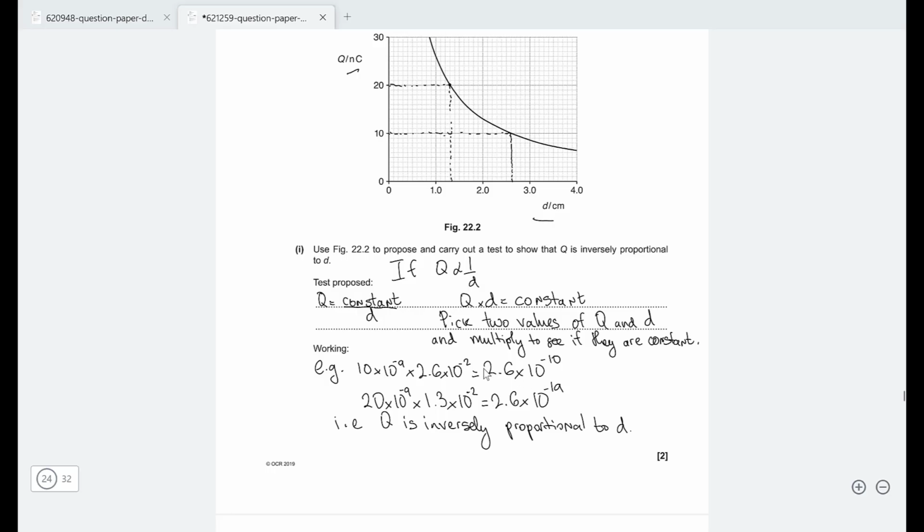In both of those cases, for this point here and for this point over here, for 20 nanocoulombs as well, when we multiply those two values, the result is 2.6 times 10 to the power of minus 10. Oh, we've got a little typo over here, so let me just correct that: 10 to the power of minus 10. So our data proves that Q is inversely proportional to d because those 2 points, when multiplied, give the same answer.